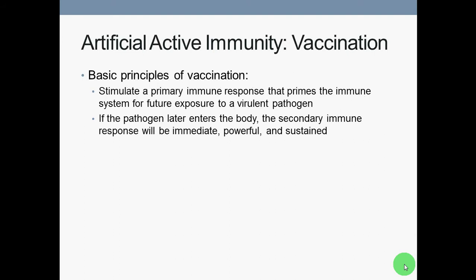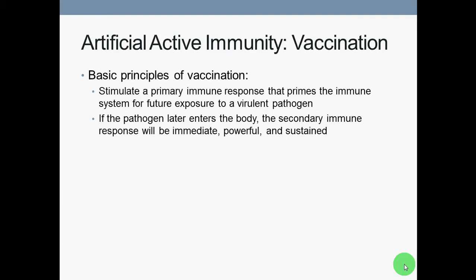In general, vaccination works by stimulating a primary immune response. Again, that primary immune response is the first instance where antibodies are produced. So that's the initial exposure to a pathogen.